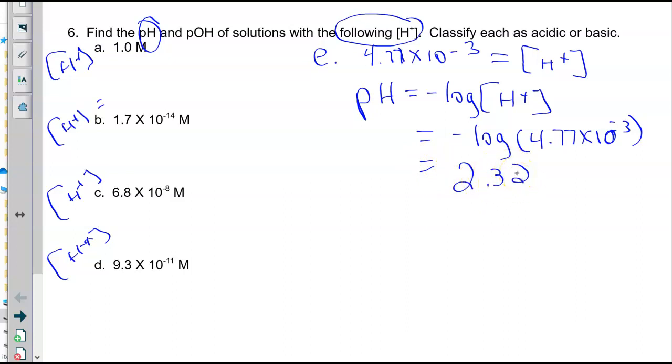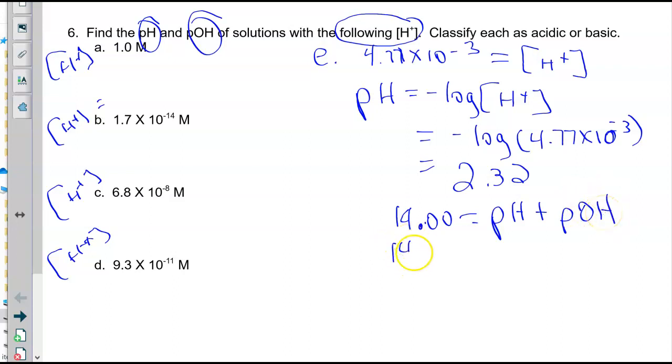That's the first part, and you can show your work here, or put it on another sheet of paper, preferably here, so you have some space going across your actual piece of paper. Then I can figure out pOH by saying 14.00 equals pH plus pOH. Yes, you need to write the generic formula each time.